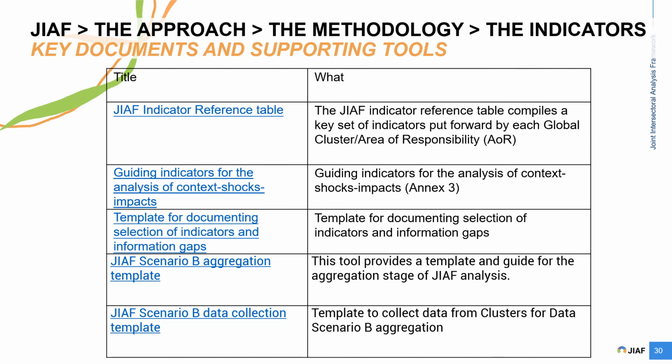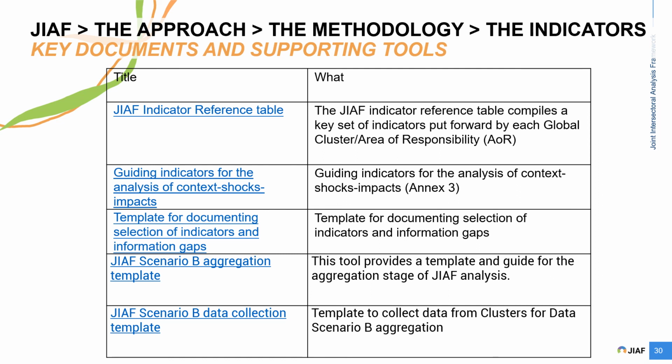Now, to get more guiding indicators for the analysis of a context, shock, and impact pillars, please refer to Annex 3 of the guidance. And in the annex, there is also a link to a longer list of indicators that will help you for those first 3 pillars. The third resource is the template for documenting the selection of indicators and information gaps.